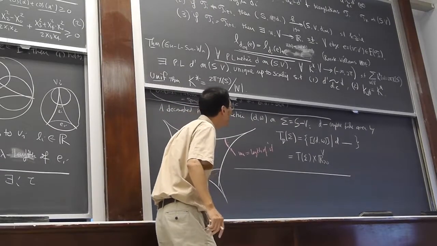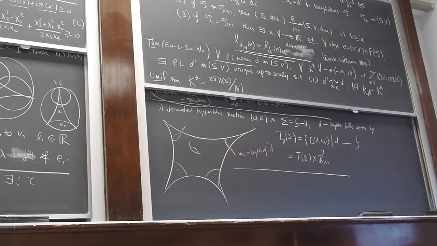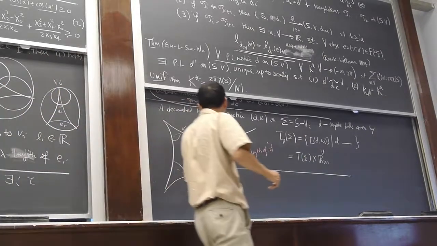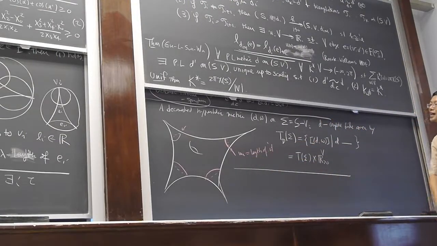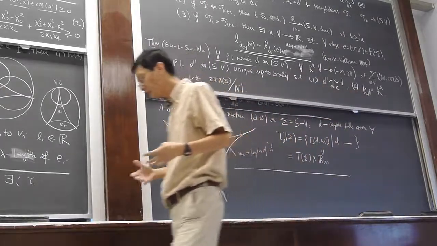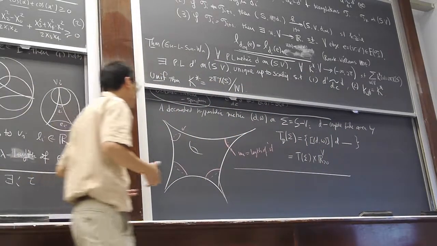So what Penner did is really very nice. What's the good use of these decorations? It's the same thing that we had before. You can create Voronoi cells coming out of it.